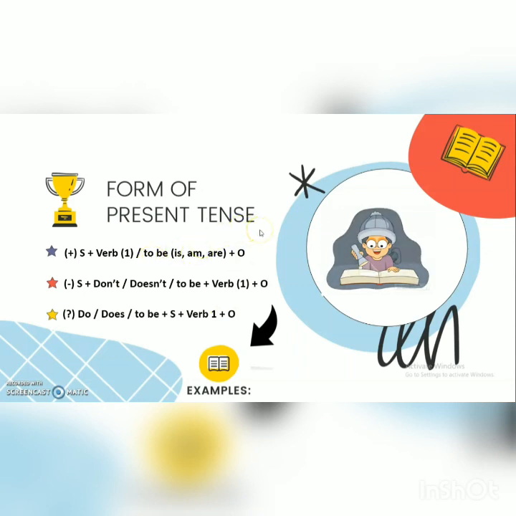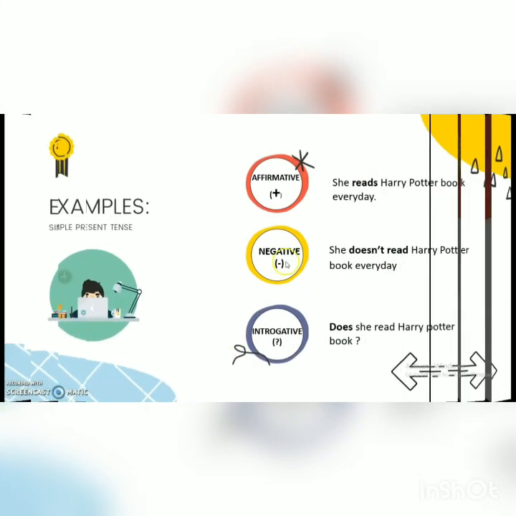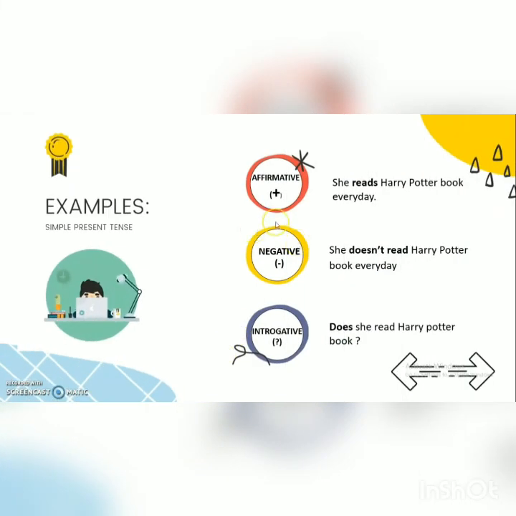To get more understanding, let's check the examples of present tense. Okay, there are three examples of present tense. Starting from affirmative, like the sentence: She reads Harry Potter book every day.